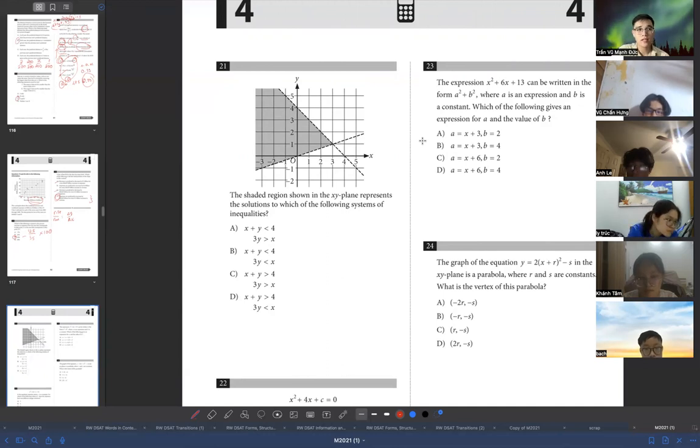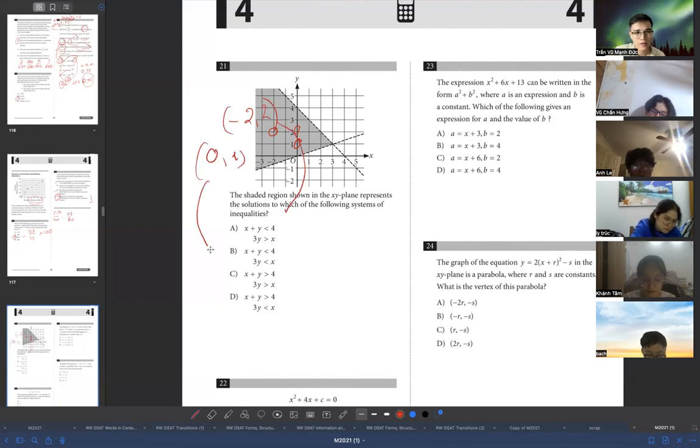So we can use Desmos, or we can use the utility given by the SAT suite. But if not, we can also plug in some numbers like this and this. If these dots, (-2, 2) and (0, 1), are unsatisfactory for the equation, it will be right.